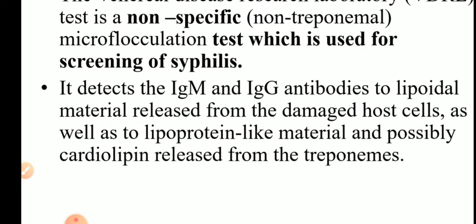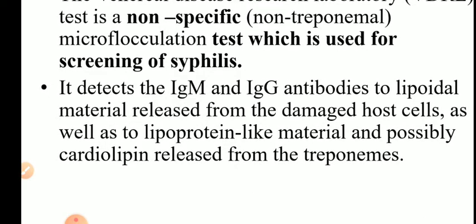In this test, we detect IgM or IgG antibodies that are formed against lipoidal material. That means the test detects anti-lipoidal antibodies, which are not real antibodies and hence they are called reagin antibodies.